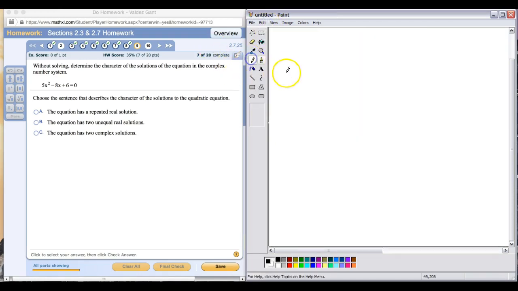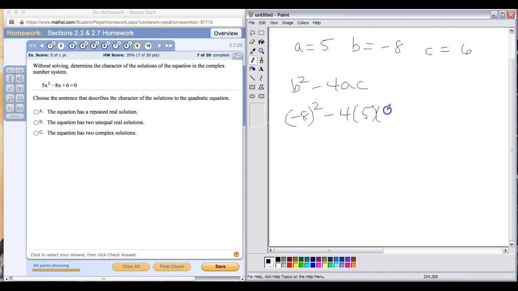For this particular one, we have a equal to 5, b equal to -8, and c equal to 6. If we plug that into our discriminant, our b is -8, so we square that, minus 4ac.